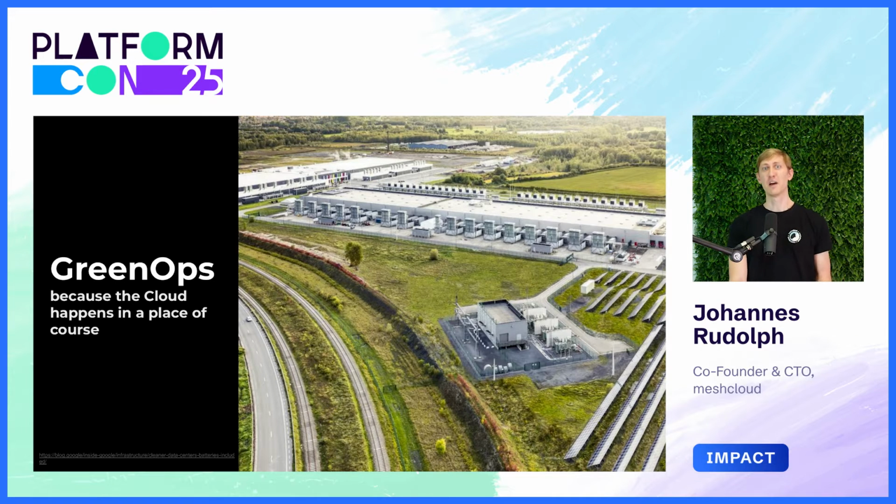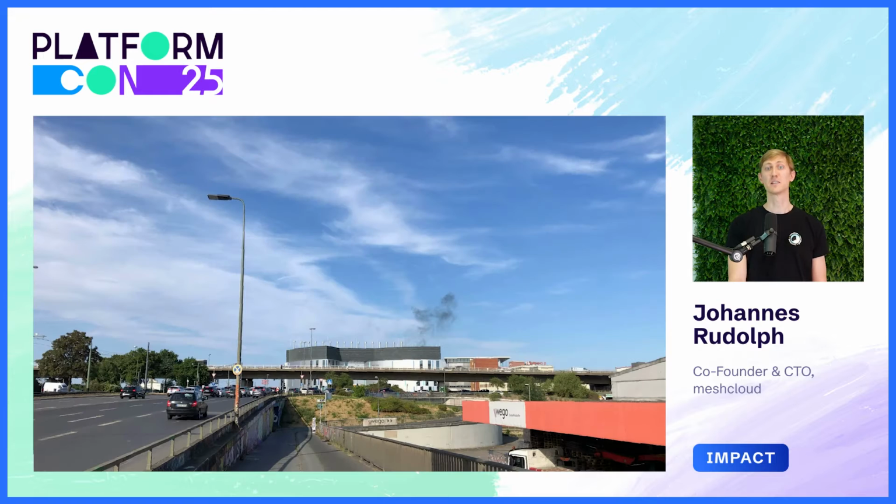In real life, living and working in Germany near Frankfurt, data centers look like this. This is a picture I took riding my bike home from the office recently, above one of the data center parks that I drive by, and we have a lot of them in Frankfurt. You see big black smoke clouds hanging in the air.